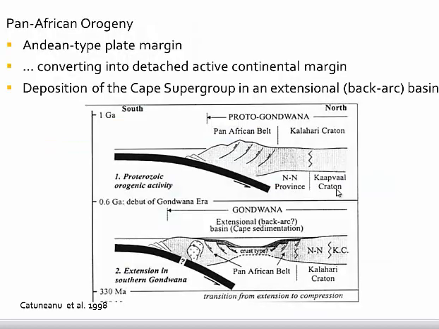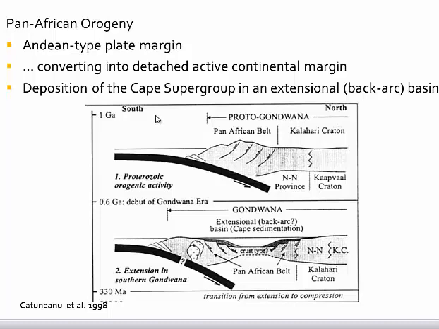Here we see some schematic sketches of processes reaching back to 1 billion years through the Proterozoic history and then to the early Paleozoic history. At that time, the coastline of southern Africa, of southern Gondwana, Proto-Gondwana we call it here, was much further south.